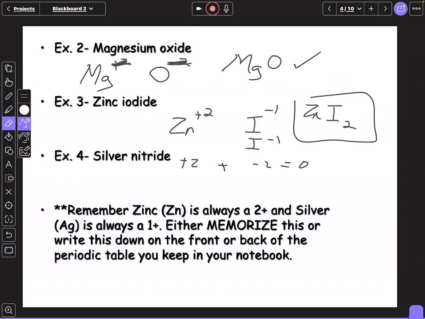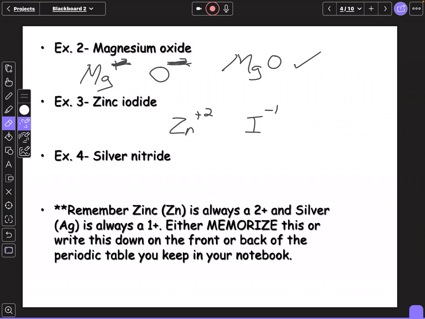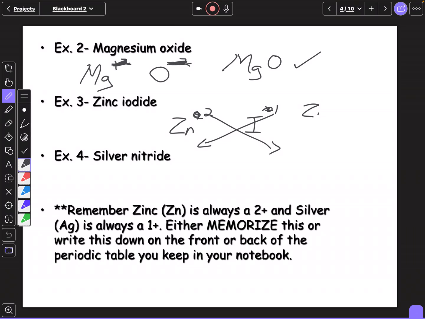Or I could do the cross method. When I get right here, I'm not going to bring the positive or negative down. I'm just going to bring the 2 down here, 1 down here. I'm left with ZnI2.